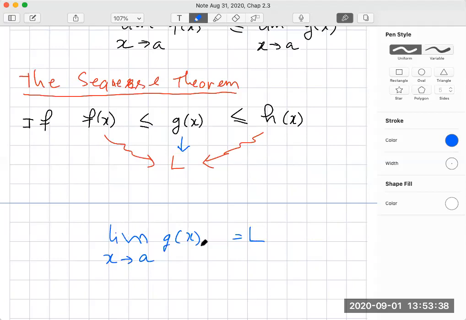So the smaller guy and the bigger guy approach L, then the middle one should also approach L.